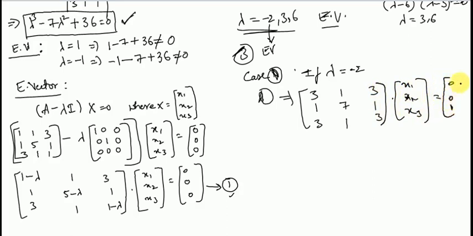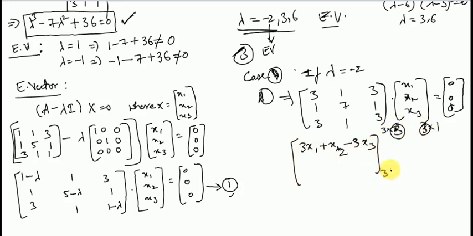Now you multiply these two matrices. This is a 3 by 3 matrix and this is a 3 by 1 matrix, so you will get a 3 by 1 matrix, that means 3 rows and 1 column.